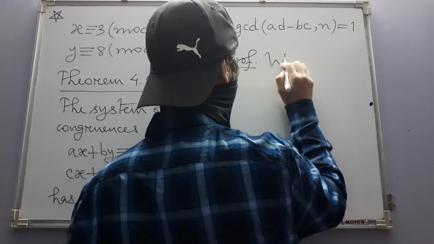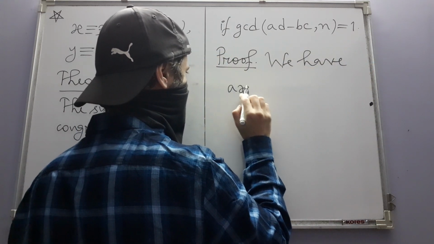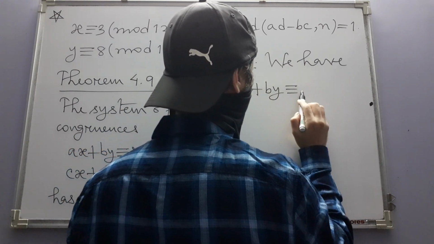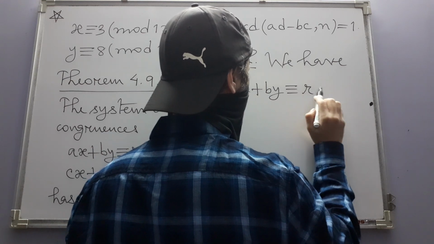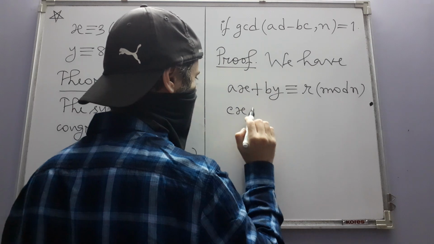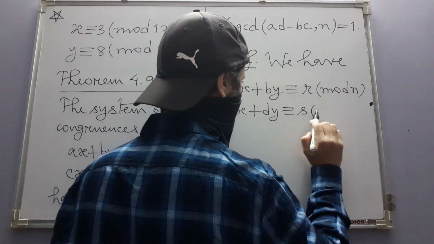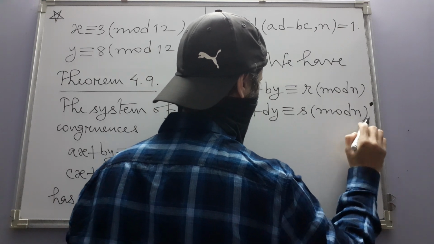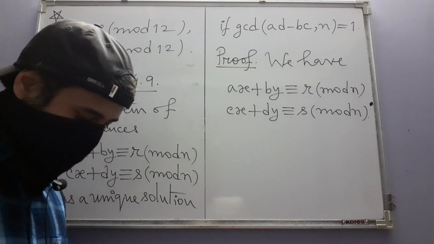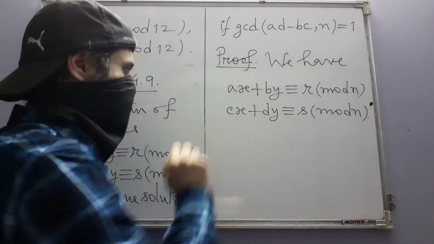So we have these two congruences, AX plus BY congruent to R mod N and CX plus DY congruent to S mod N. So what we now do, let us first of all eliminate y.